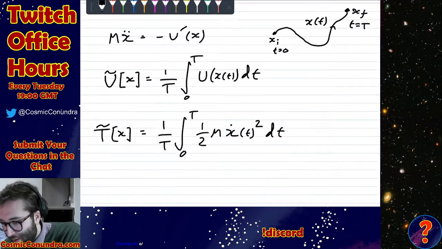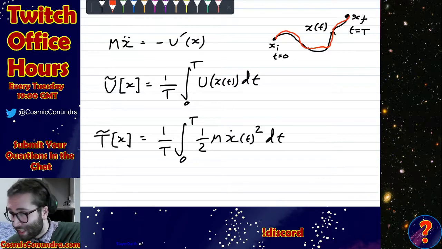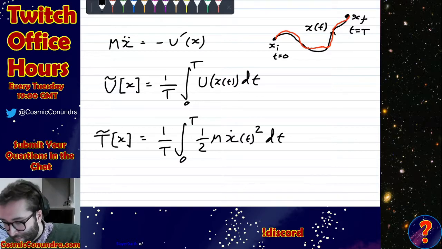I now want to think about taking this path and deforming it in places, maybe wiggling it slightly the wrong way. So changing it from the real path the particle takes to a path it doesn't necessarily take, something that might be non-physical.